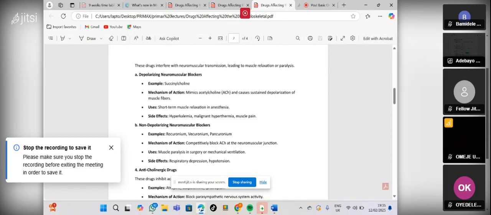The side effects include weight gain, sexual dysfunction as well, and insomnia. Yeah, insomnia, very, very important.